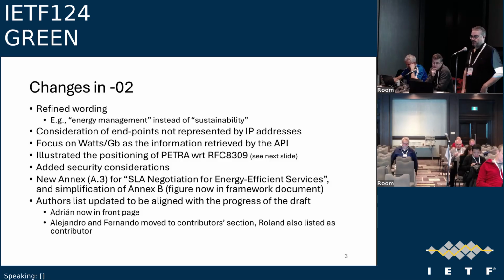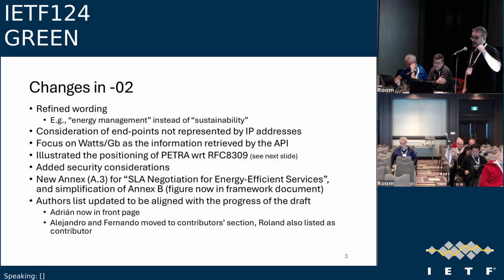We also added in this version a positioning of Petra in relation with the RFC 8309, which is about service models, the name of this RFC being Service Models Explained. I will cover it in the next slide. So basically positioning Petra as potential API at different levels of service model, customer model, and network model. We added security considerations that were not present before, and we added a new annex about SLA negotiation for energy efficient services.